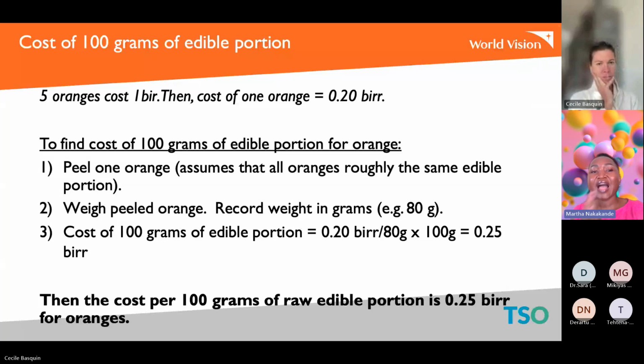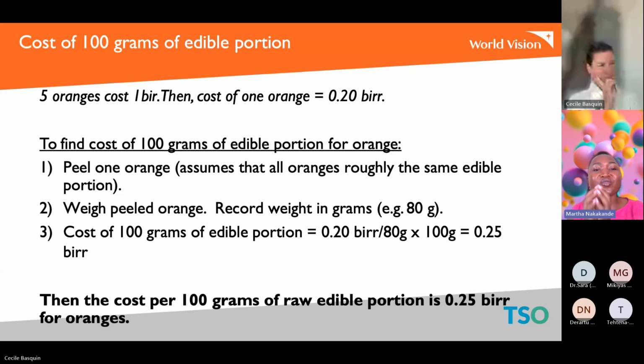To find the cost of 100 grams of the edible portion of the orange, you're going to peel 1 orange. The assumption is that they're almost the same size. Then you weigh the orange and record the weight in grams. For example, once you've peeled the orange, you find out that it is 80 grams.